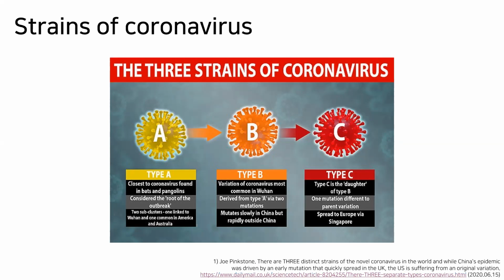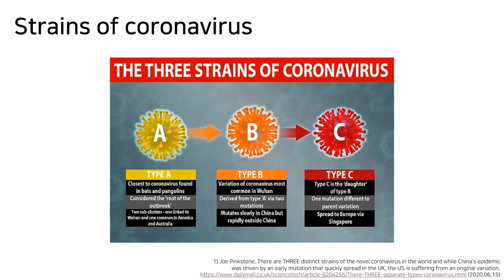So there have been two kinds of subcluster mutation, and type B is the mutation version of A. As A is more related to bats or animals, B is more related to Wuhan people.